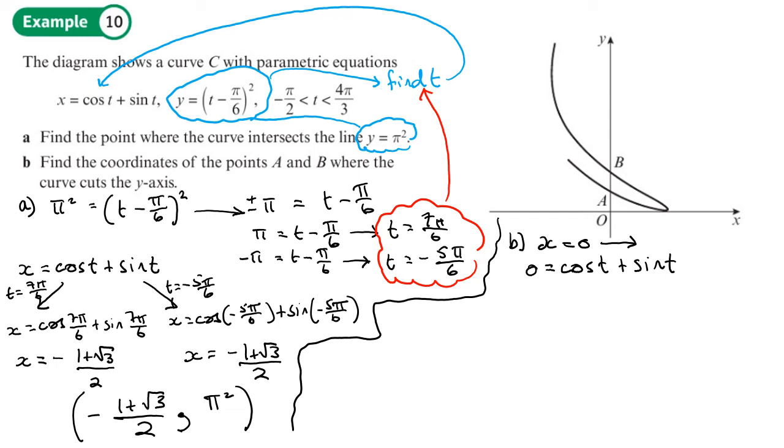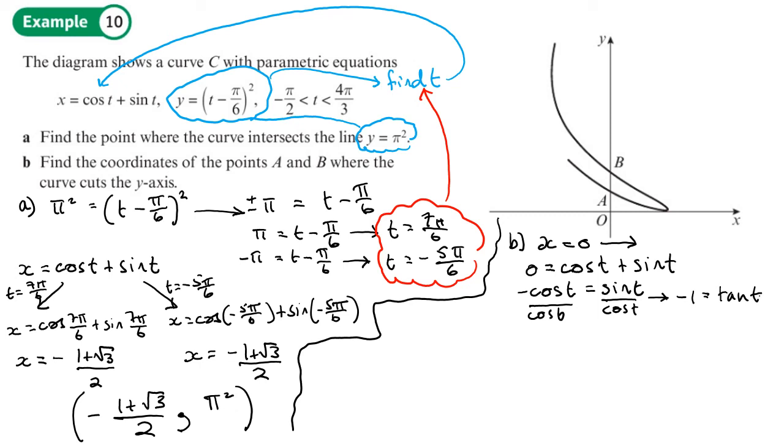So if I were to take cos away from both sides, negative cos t equals sin t. If I divide both sides by cos t, that gives me negative 1 equals tan t.